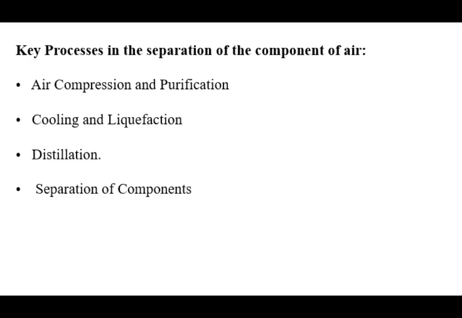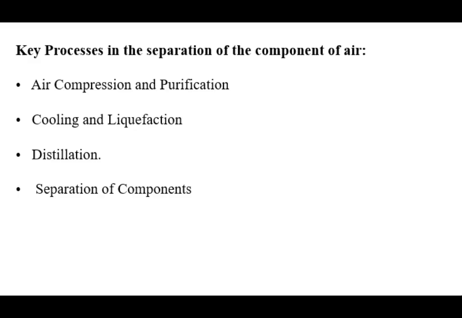7.4.2 Real gas principles. The separation of air components relies on the principles of real gases in several ways. 1. Non-ideal behavior. The components of air, such as oxygen, nitrogen, and argon, exhibit non-ideal behavior at low temperatures and high pressures. This behavior is accounted for in the design and operation of air separation facilities. 2.